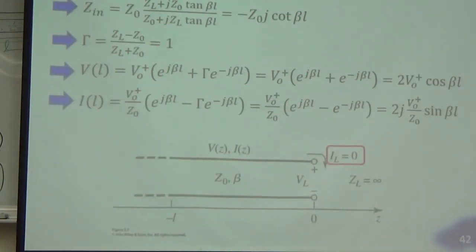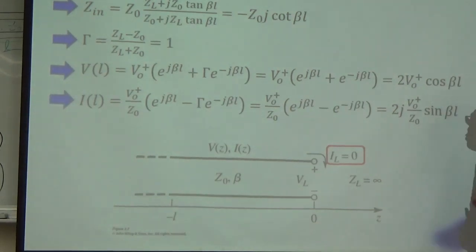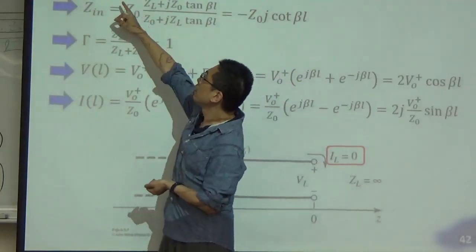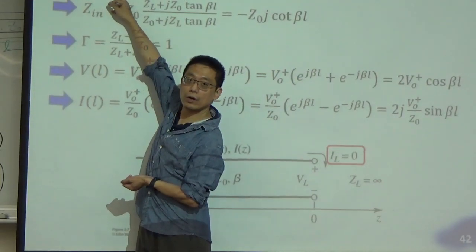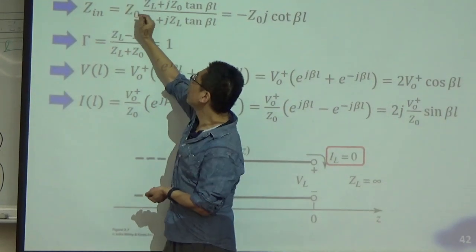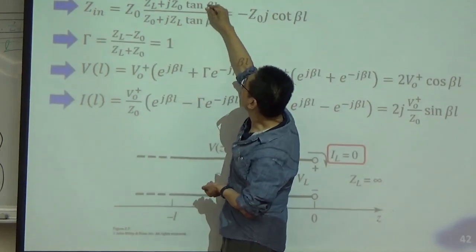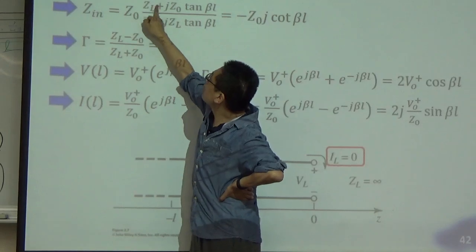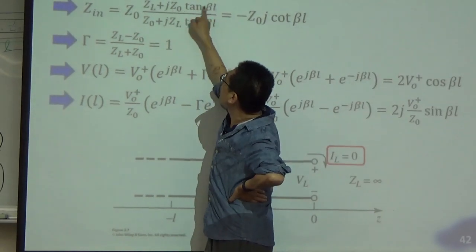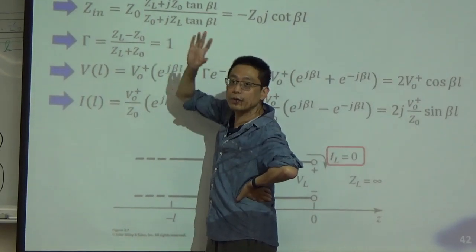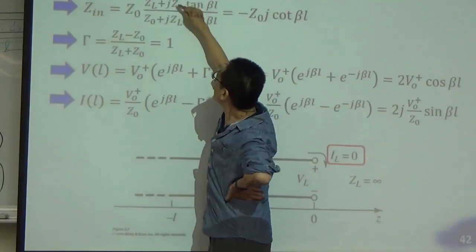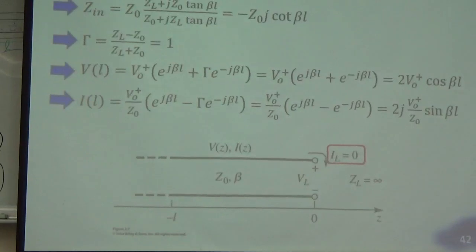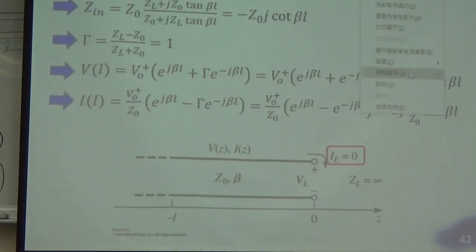How about if I connect my transmission line to an open load? Open means your ZL goes to infinite, and ZL is much larger than the other parts. So you don't see this term and you don't see this term. Let me use marker.